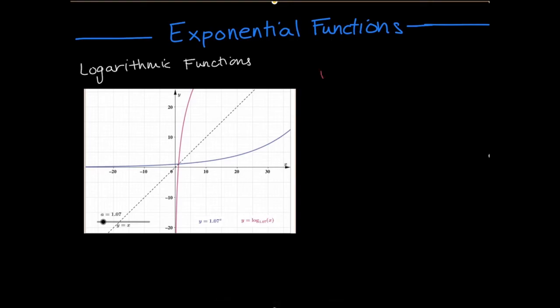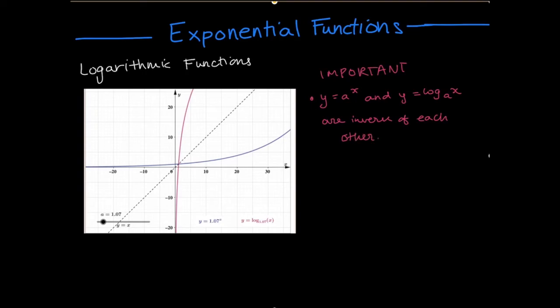Important thing we need to note is that y equals a to the power of x and y equals log a of x are inverse of each other. Now, if you don't know what an inverse function is, we do have a whole video on that, so you can go watch that video if you have no clue what an inverse function is.